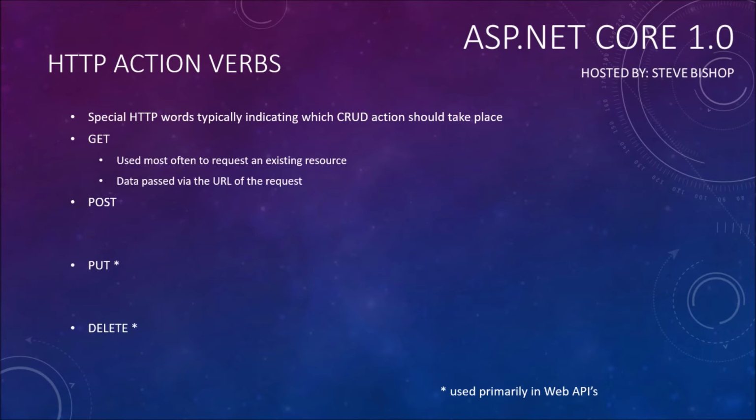The get action verb is used most often to request an existing resource. This is the read of the CRUD acronym. You want to take a look at an existing resource or set of resources. The data of a GET request is passed in via the URL of the request, which means the user can see it right up in the address bar.